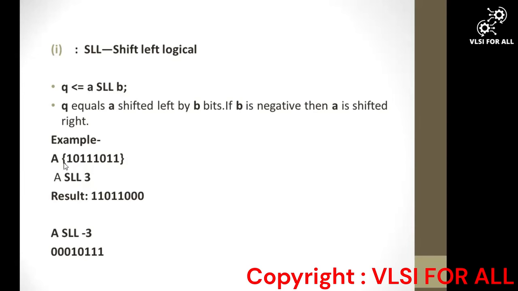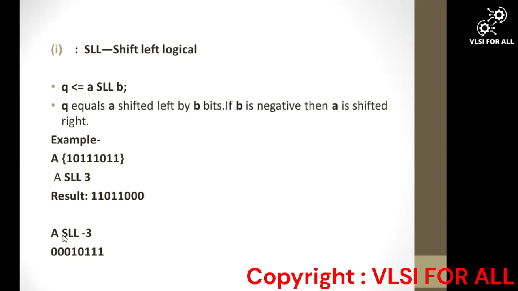We have taken an 8-bit vector A, and we perform the operation A SLL 3. The vector A is shifted left by 3 bits. Here we can see 1 1 0 1 1, and these 3 bits are blank, so in the place of the blank space we write 0 in SLL operations.